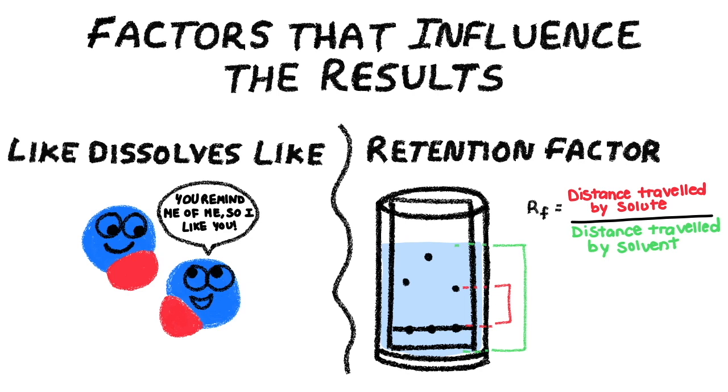It is simply quantified as the ratio of the distance traveled by the spot or solute to the distance traveled by the solvent. The RF factor should remain the same for each compound over multiple experiments, given that the conditions are the same, which is how TLC can be used to identify unknown compounds. You can start to understand now the use of TLC and how important it is to the identification of unknown compounds.